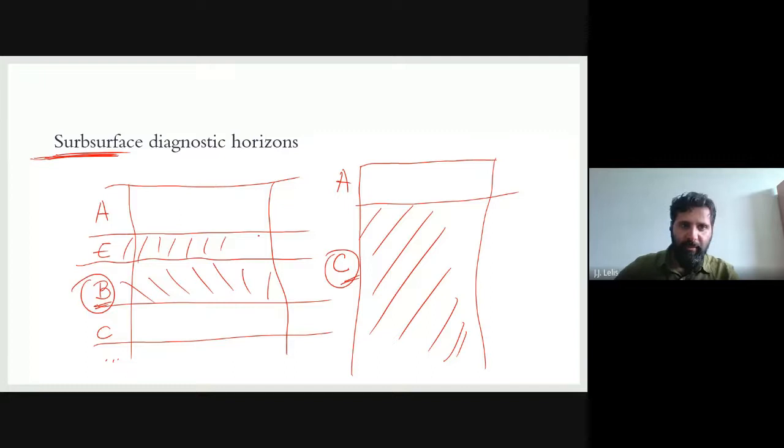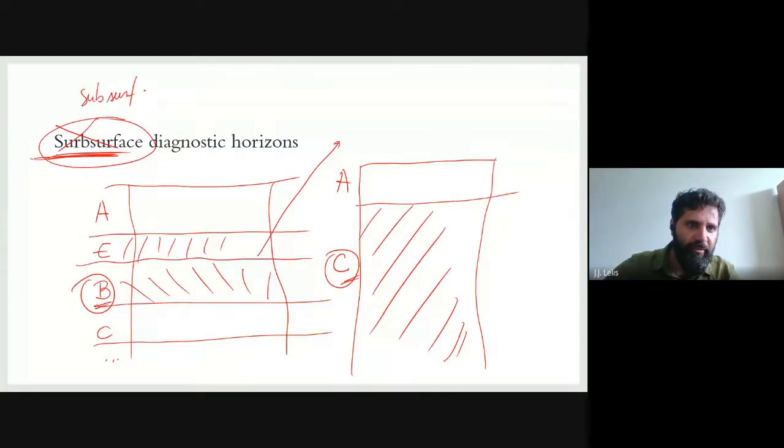The subsurface horizon is very important because it expresses specific soil processes, soil genesis, and that's why we use them to classify soil, okay? These are the subsurface diagnostic horizons.